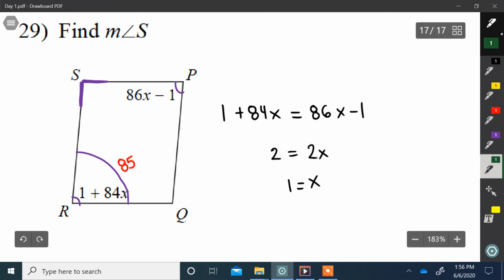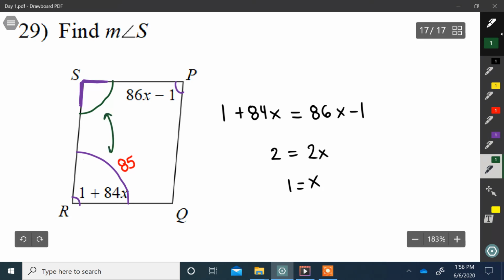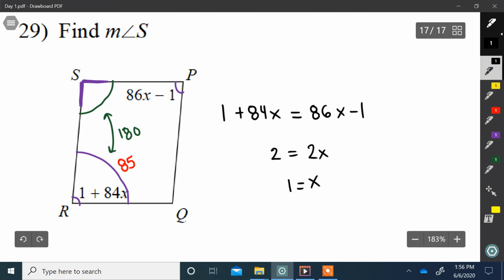We know that this angle, the purple, plus this right here, that has to add up to 180 degrees. So this plus that, when I add them together, I get 180. Okay, so how's that gonna help me? Well, if those two add up to 180, I know that the measurement of angle S plus 85 has to add up to 180 degrees.